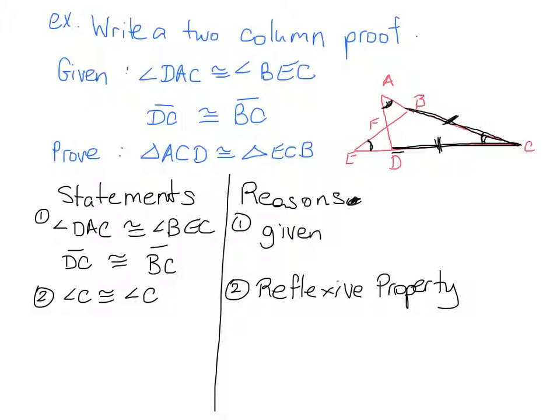In order to prove congruence, it is sufficient, one of our methods is to say that the angles and the non-included side, so the side outside of those angles, are congruent. So if the angles and side are congruent, then the triangles are congruent.